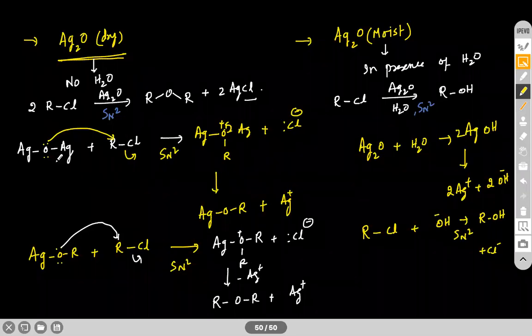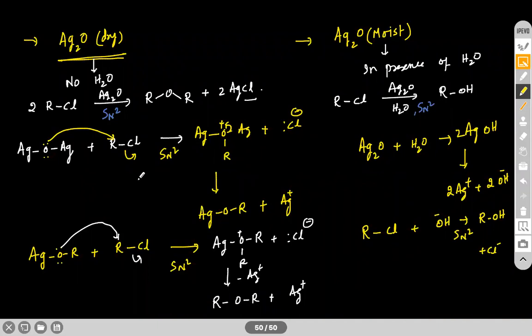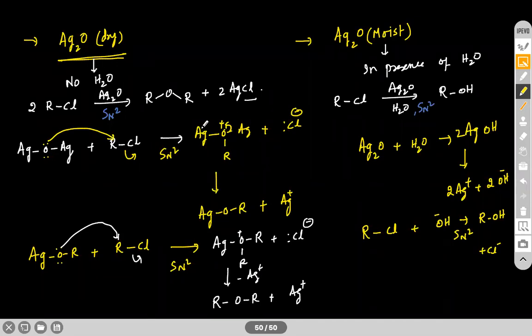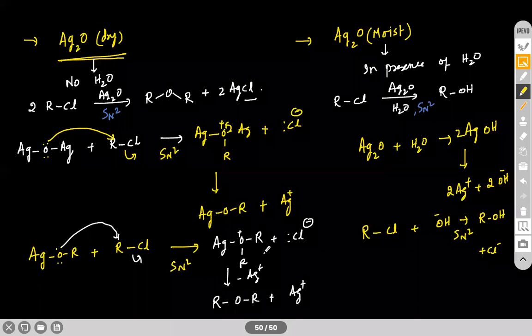Why are you getting confused? Because I have written this in two steps. But from here to here, this is not happening in a stepwise manner. I have written it here to make you understand this.